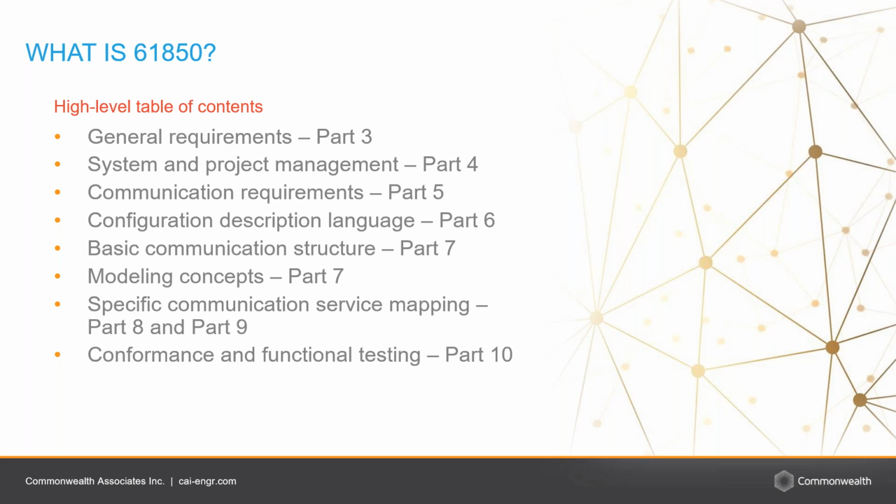For example, the general requirements of the communication system, project management, and other communication requirements are mentioned in parts 3, 4, and 5 of the standard. These identify the general and specific functional requirements for communication in a substation. These parts provide guidelines for reliability, availability, security, and data integrity of the communication system that is used for monitoring and control of processes within the substation.